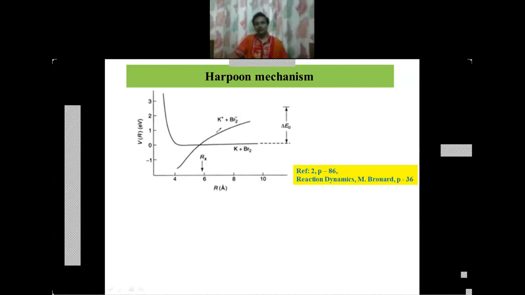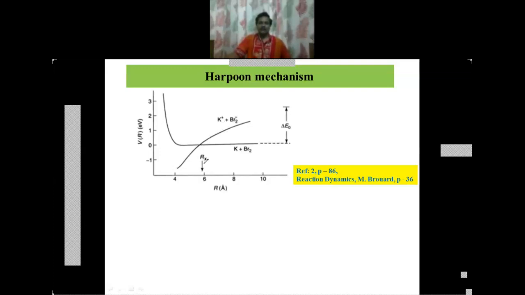That is the Coulomb interaction. Now, the electron can be transferred from potassium to the bromine molecule at a certain distance, not beyond that, and that distance is shown here by Rx. Rx is the crossing point of this potential, a kind of van der Waals potential, which is just the interaction between neutral potassium and the bromine molecule, and the ionic curve, when there is a charge separation.